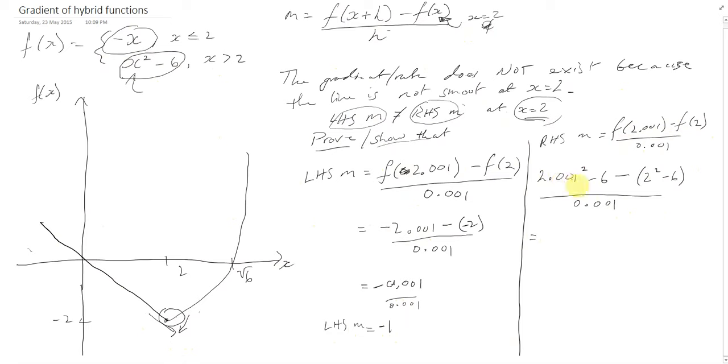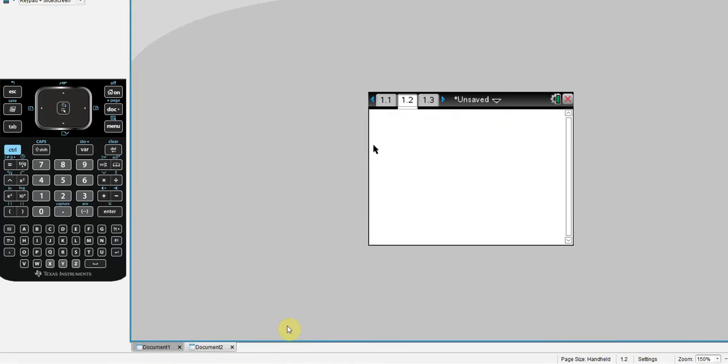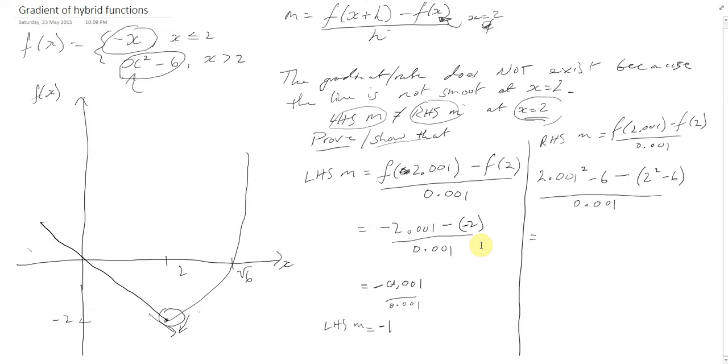Okay, so 2.001 squared. Let's quickly see what that is. 4.004. Shouldn't be too surprised. That's actually rounded off a little bit, just so you know.